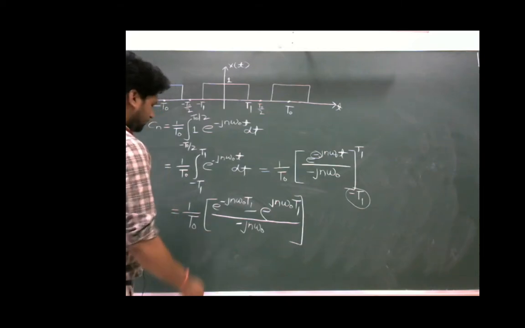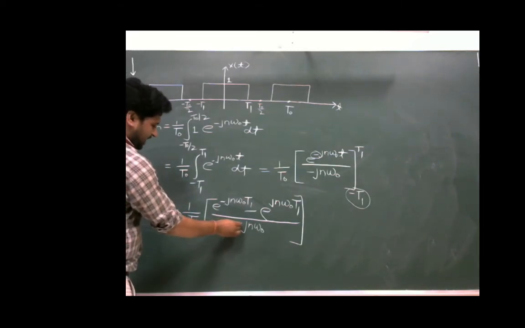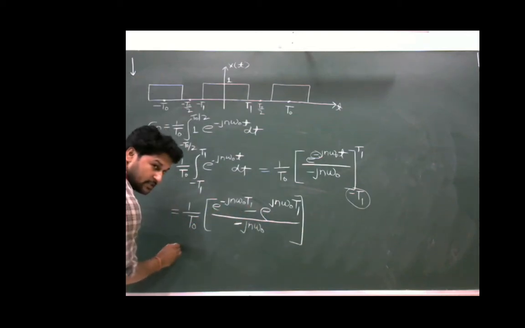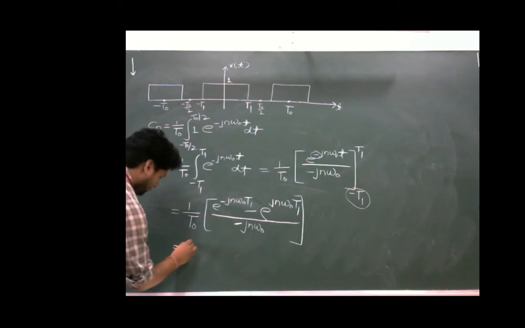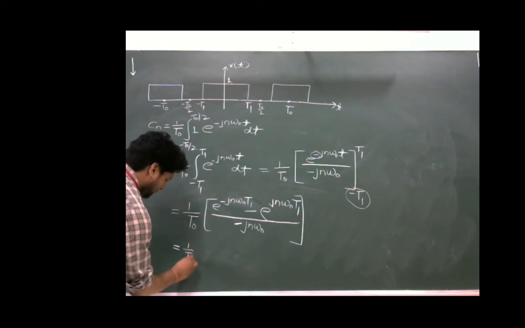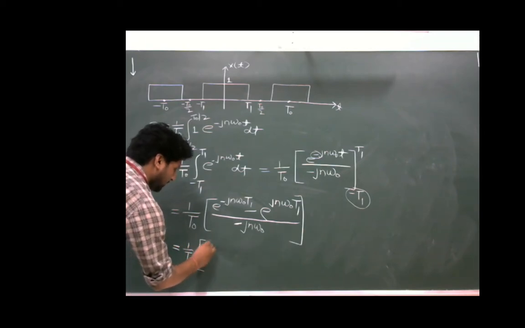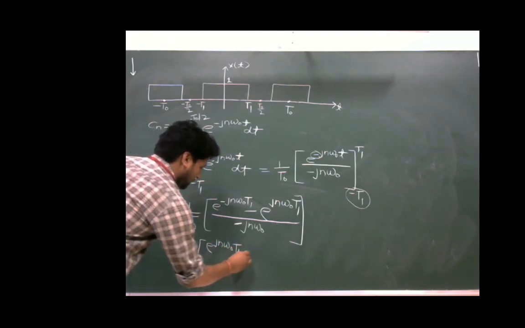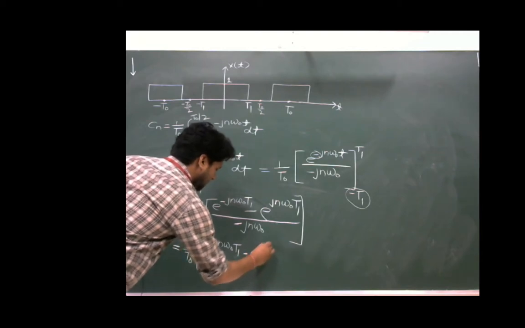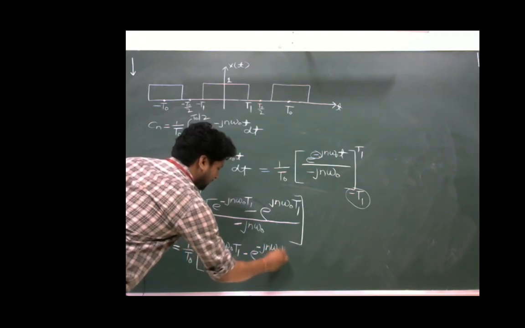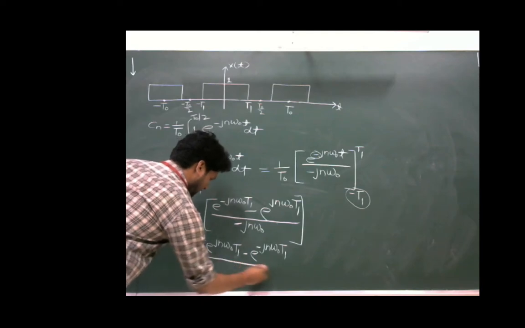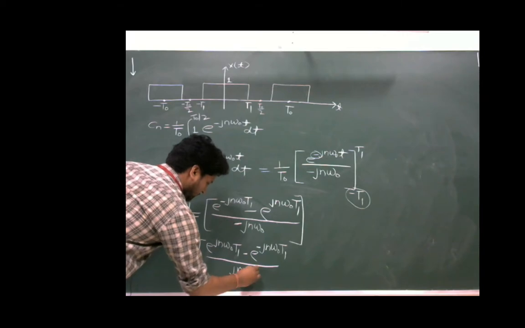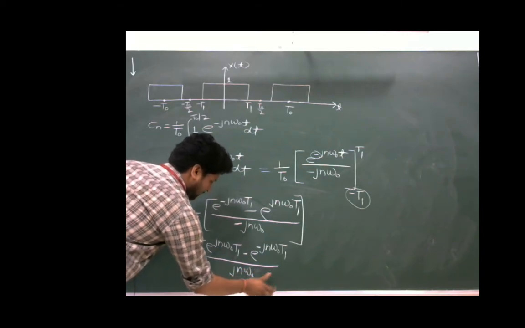Now, because there is a minus sign here, I will reverse this difference and write it as 1 upon t naught, e power plus j n omega naught t1 minus e power minus j n omega naught t1, divided by j n omega naught.